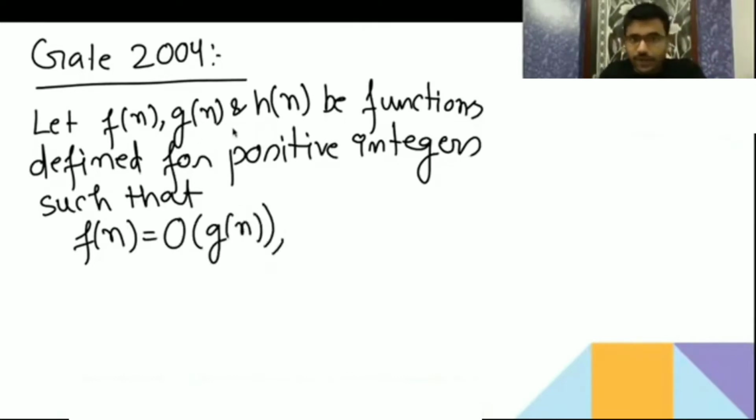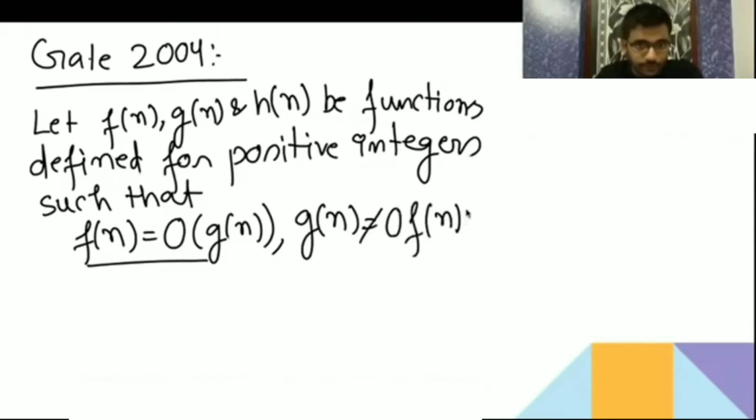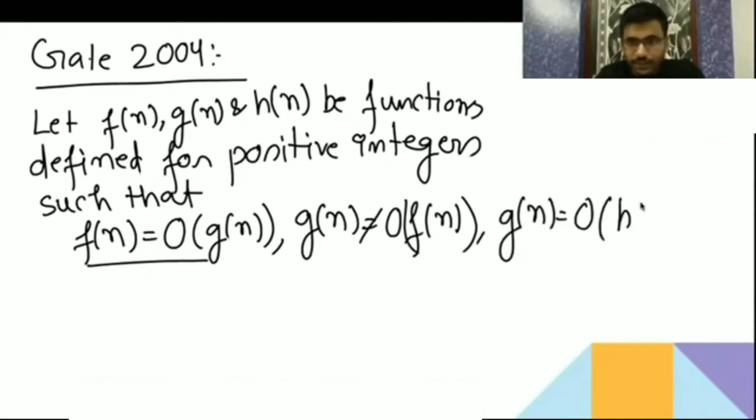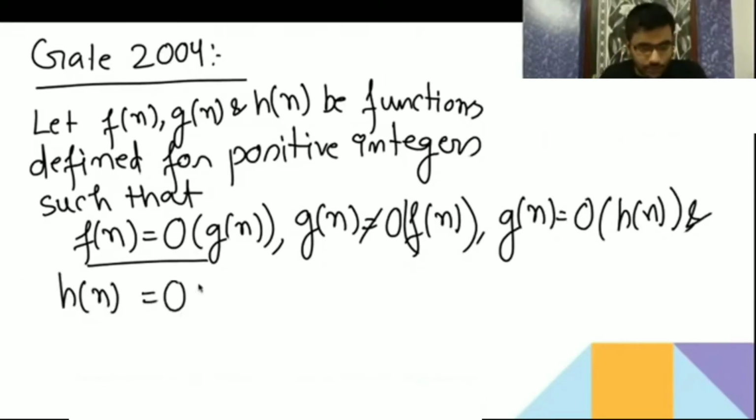What is Fn, what is Gn and what is Hn? They are not saying anything. They are saying let Fn, Gn, Hn be functions defined for positive integers such that Fn is equal to big O of Gn, Gn is not equal to big O of Fn, and Gn is equal to big O of Hn, and Hn is equal to big O of Gn.